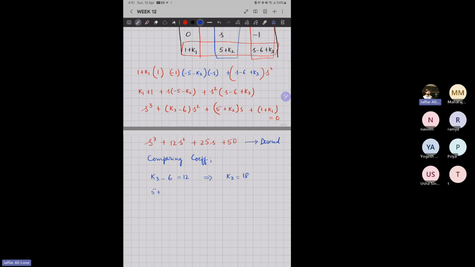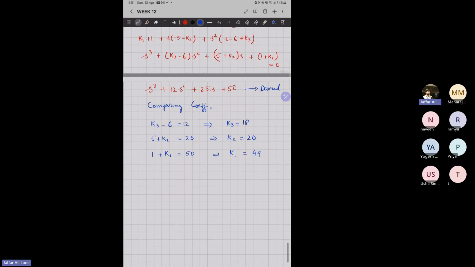Similarly, 5 plus K2 equal to 25, which implies my K2 is 20. 1 plus K1 is equal to 50, which implies my K1 is 49. So my K is equal to 49, 20, and 18.